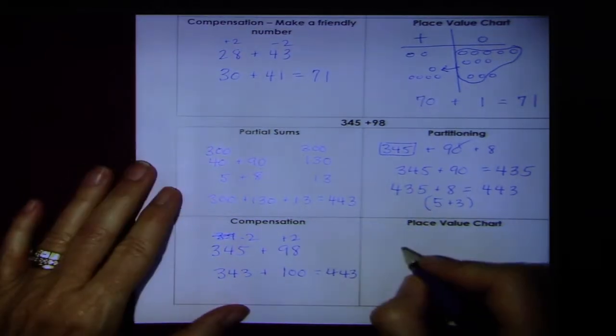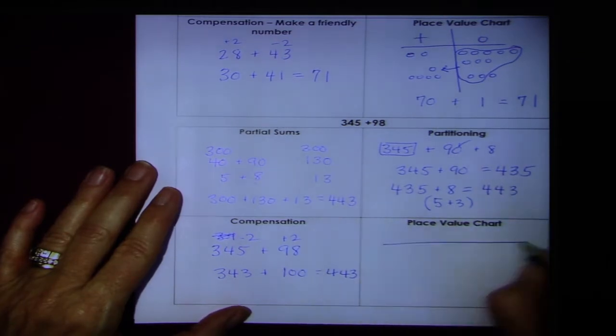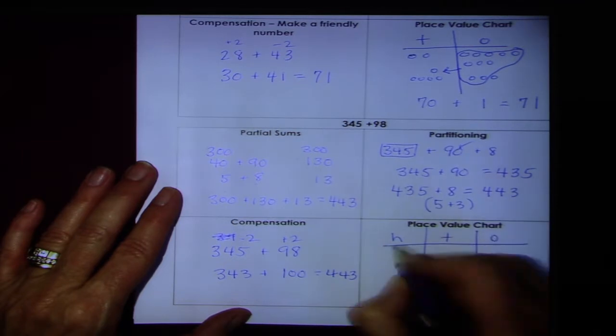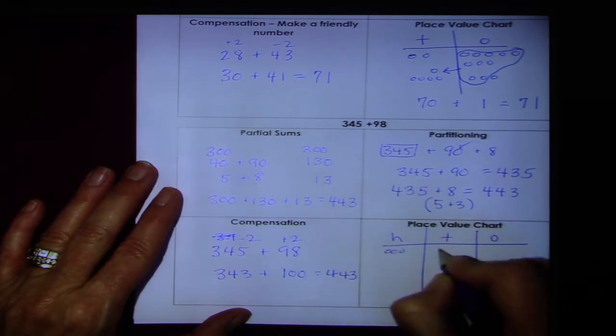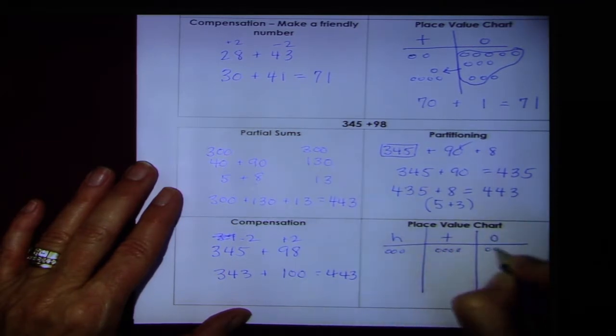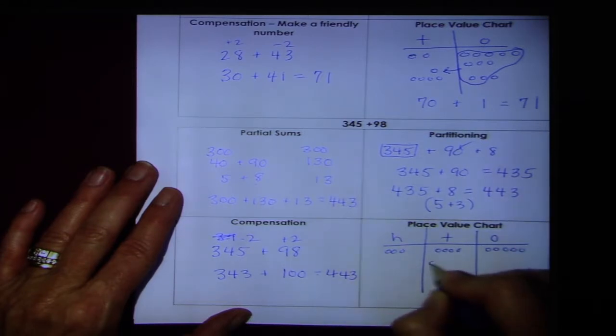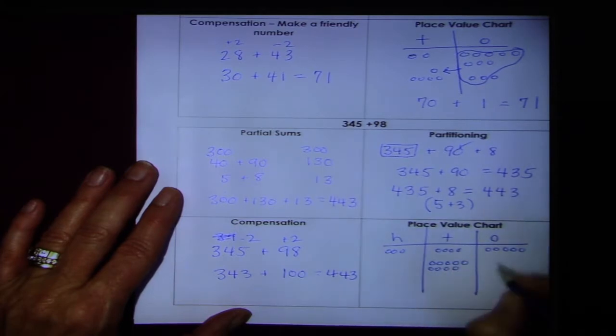Okay, place value chart. Do you get the place value chart? Let's do it. Hundreds, tens, and ones. 90, 5, 1, 2, 3, 4, that's 9 tens and 8 ones.